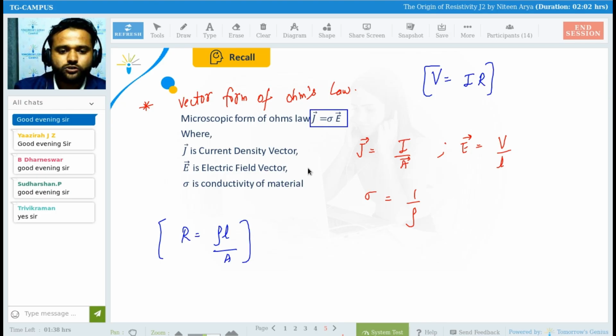Just put R equals rho L by A, and V equals E into L, and then I by A can be converted into J. So automatically you get this relation, relation number 1. Clear, everyone? Those who are not getting how we prove that, please go and watch the previous lecture. In the previous lecture, I derived this in detailed manner.